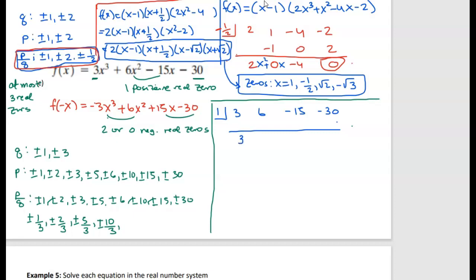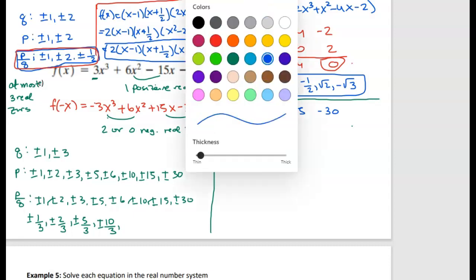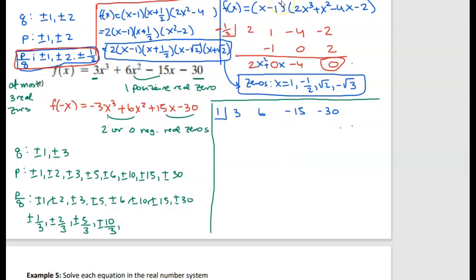So let's see, 3, 3, 9, 9, negative 6, negative 6. That doesn't work. Alright, let's go to the next one. Negative 1. 3, negative 3, 3, negative 3, negative 18, positive 18. Doesn't work.